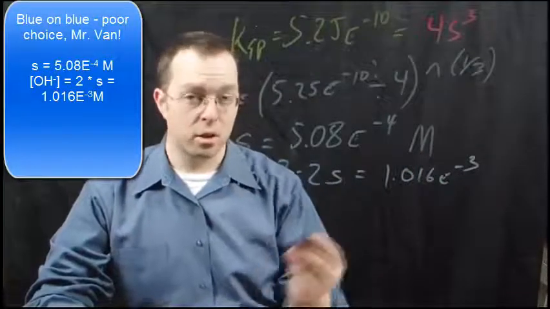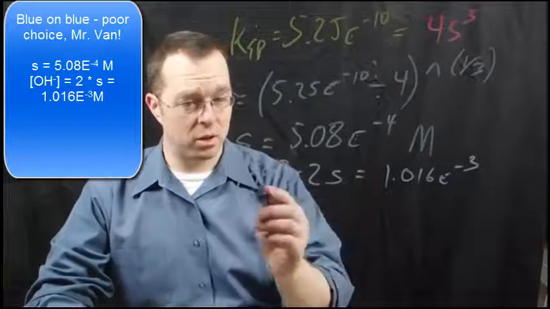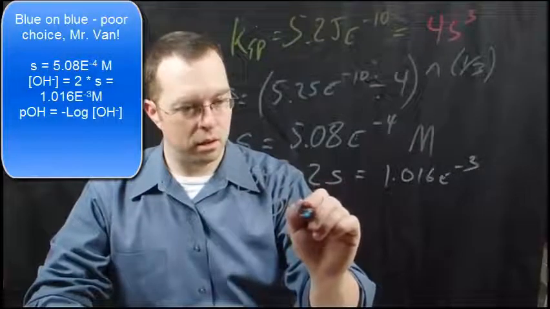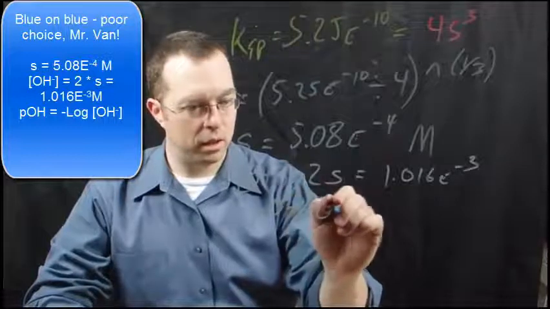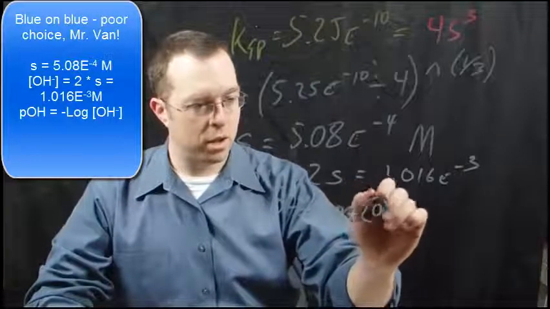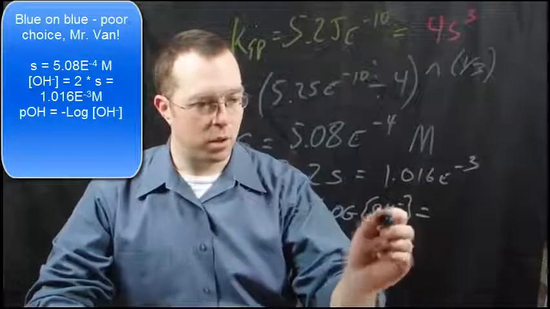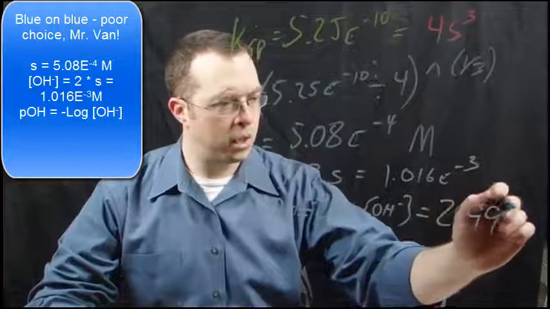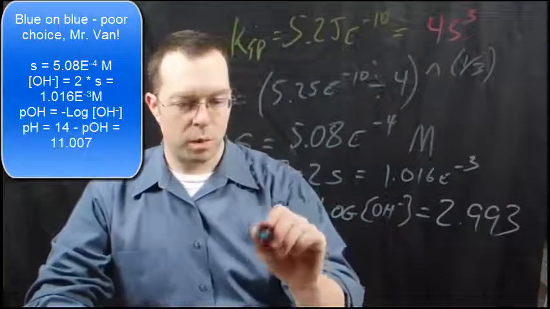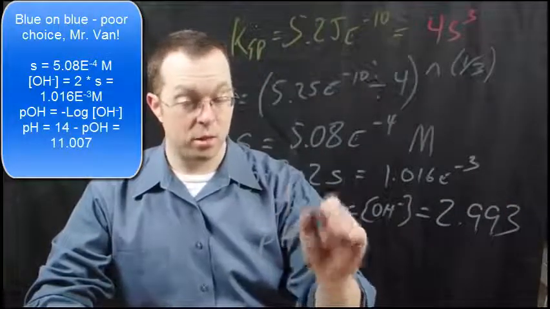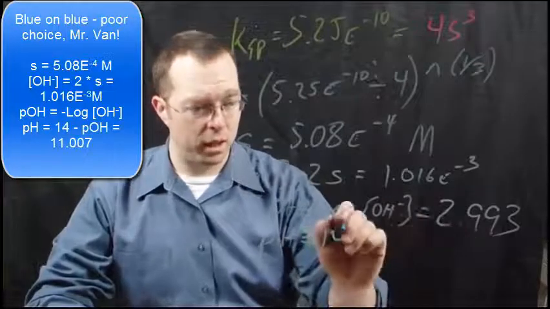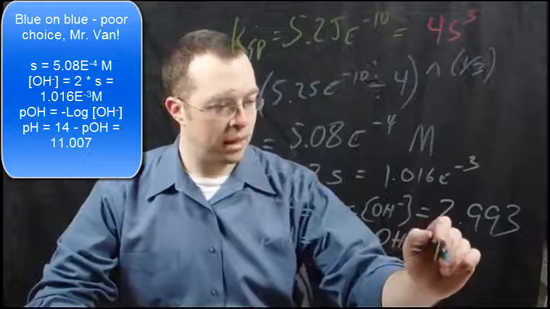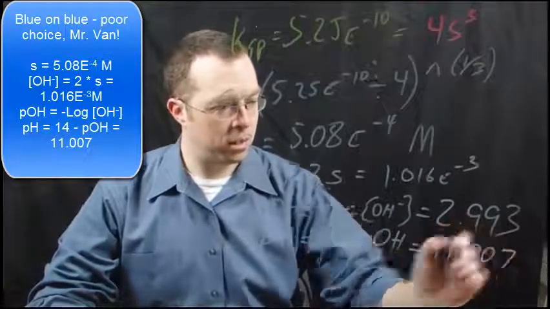Now, pOH is just like pH, except you just have to pay attention, so it's going to be negative log of the concentration of hydroxide ions. And when I punch this into my calculator, I come up with 2.993. pH is 14 minus pOH, which in this case gives us 11.007.